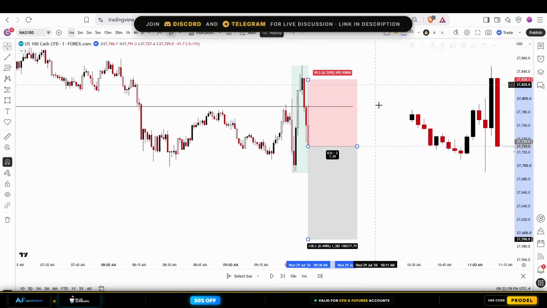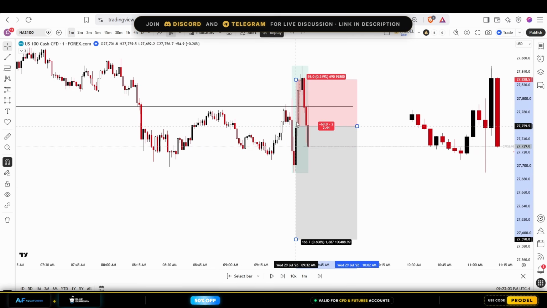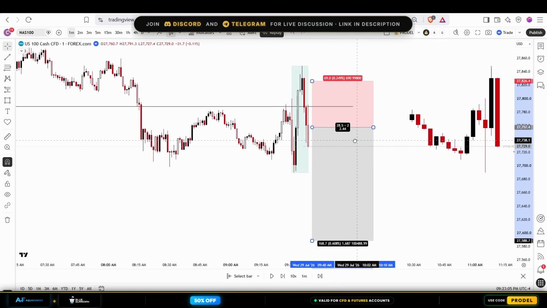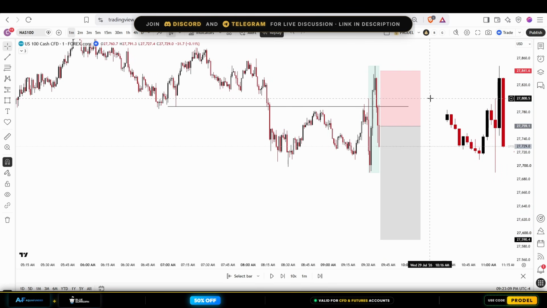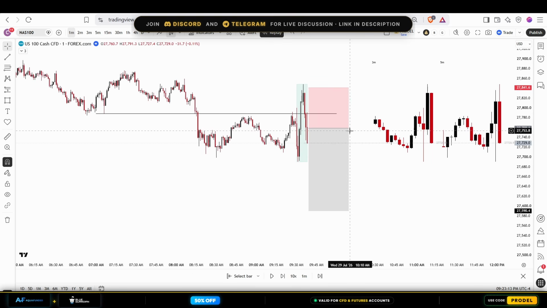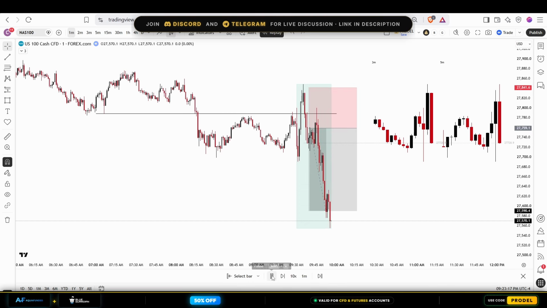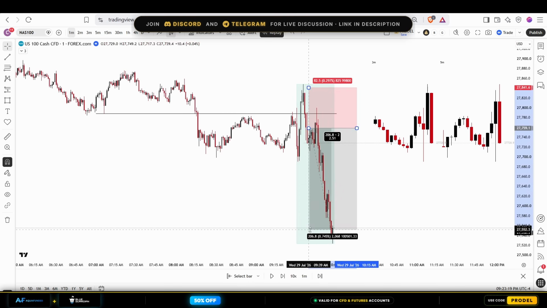It's your wish. Take your entry after the inverse fair value gap, or you can take your entry here at the inverse fair value gap like this, and put your SL slightly above this FVG, because the market can touch that FVG and retest down like this. And let's see, yeah, it perfectly hit 1:2 like this.